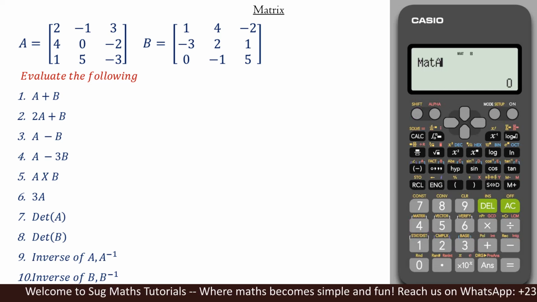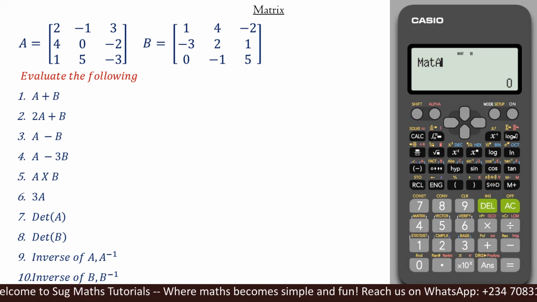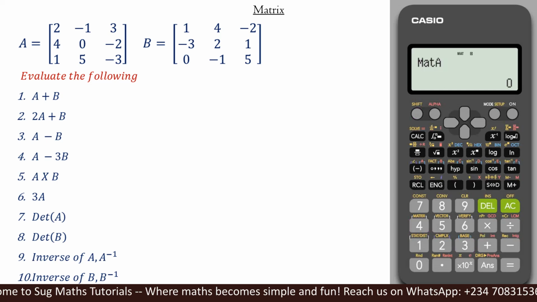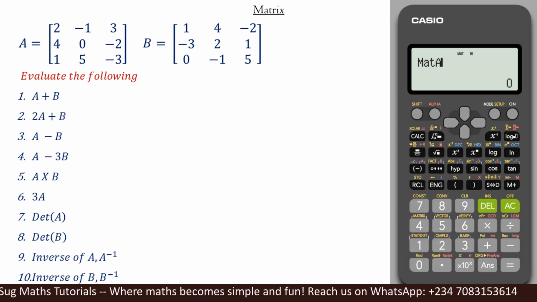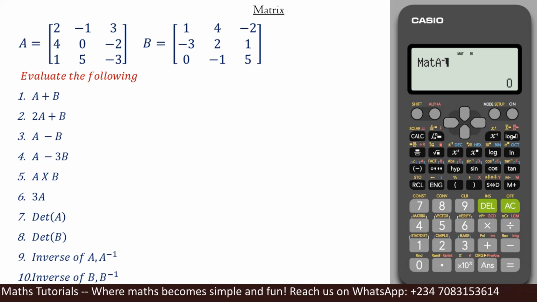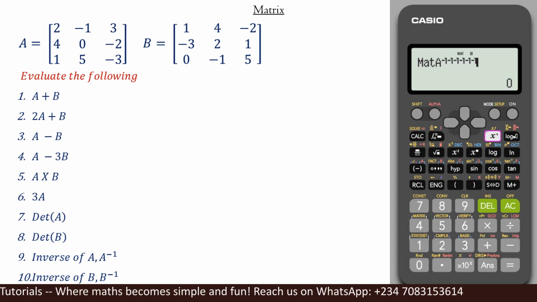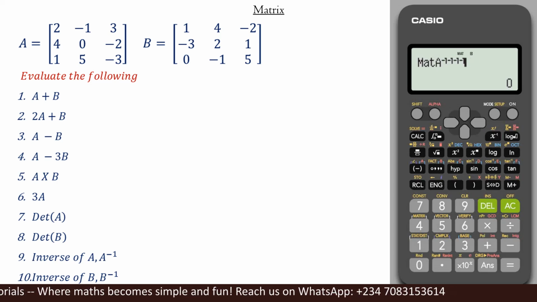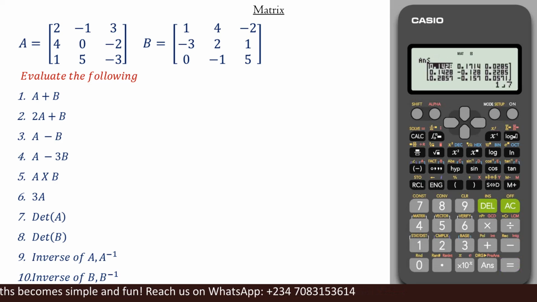Now look up here where we have X inverse under the mode button. I'll tap it. Here you see the X inverse, right? Good. Now look at this. We have matrix A inverse, telling you the inverse of matrix A. Now I'll say equal to, to calculate the inverse and give it to me.